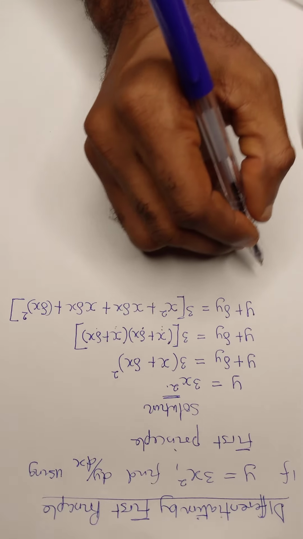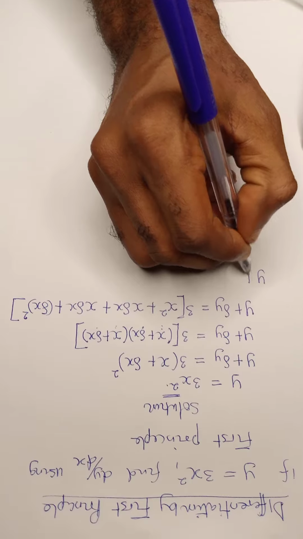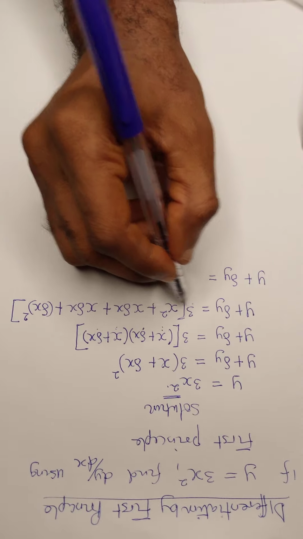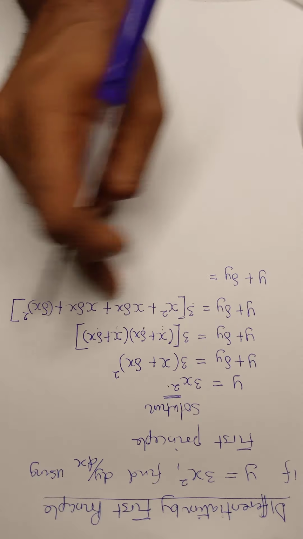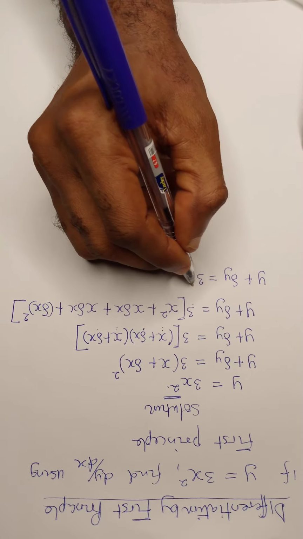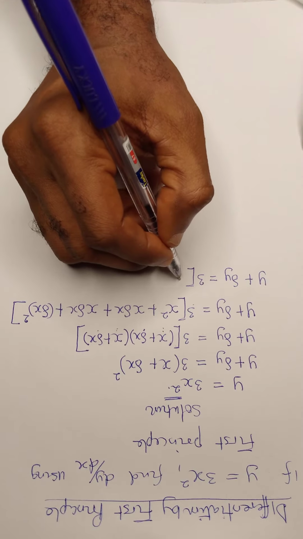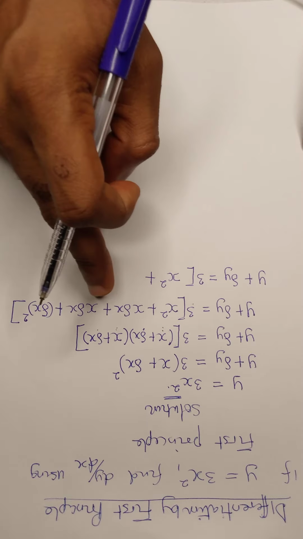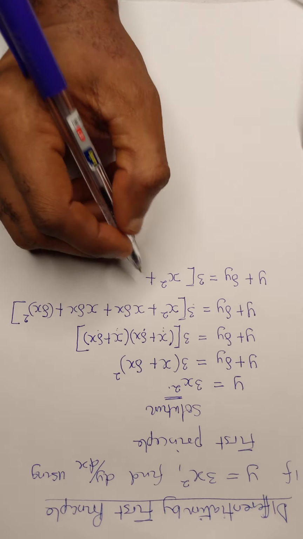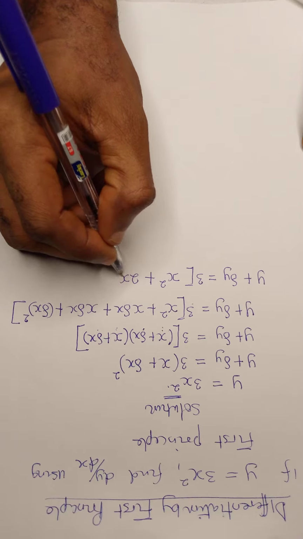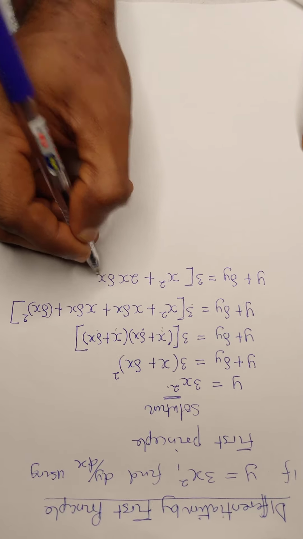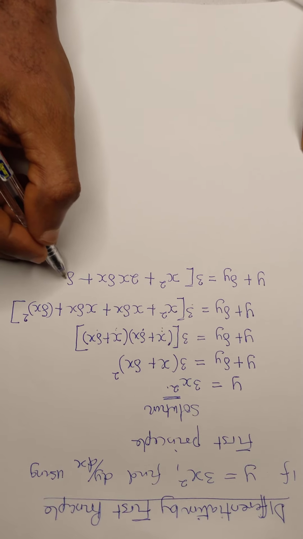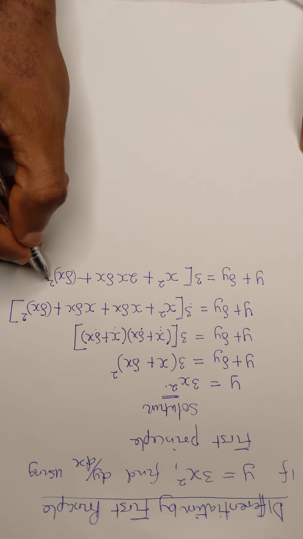Okay, so having established this, before that, let's solve this. So this will be 3 into x squared plus x change in x plus x change in x will give us 2x change in x, and then plus this other one, change in x all squared.